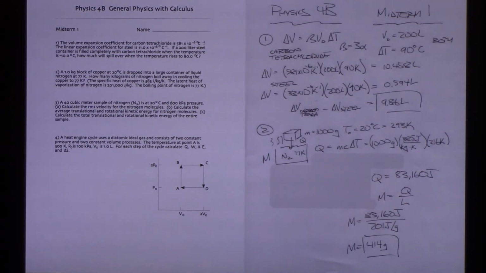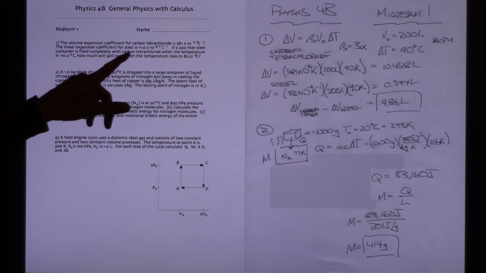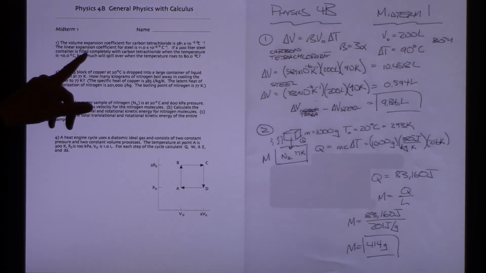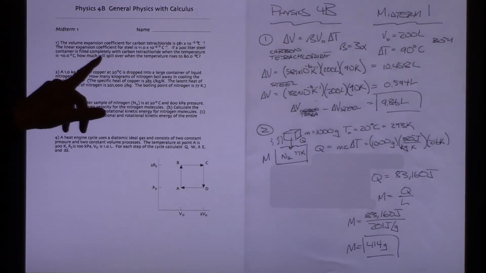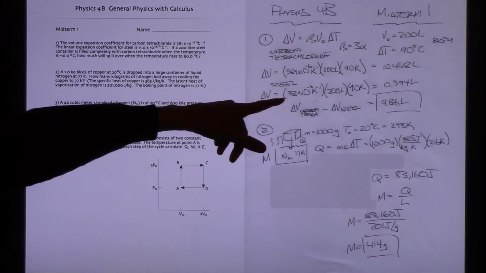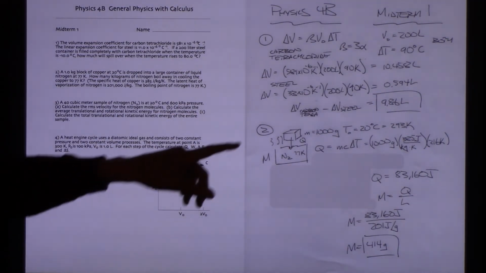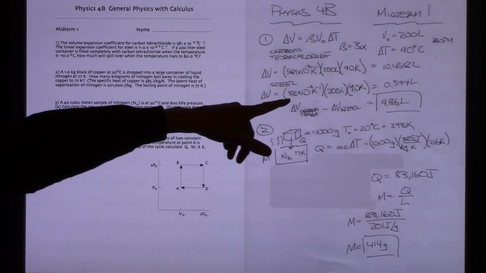That's a liquid, and it tends to be larger than for a solid like steel. Sure enough, the steel expansion coefficient is given as the linear expansion coefficient, alpha, but we can easily multiply that by 3, and that will give us the three-dimensional volume coefficient. So that's what I've done here.